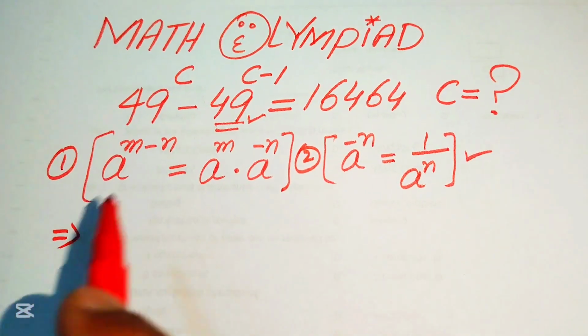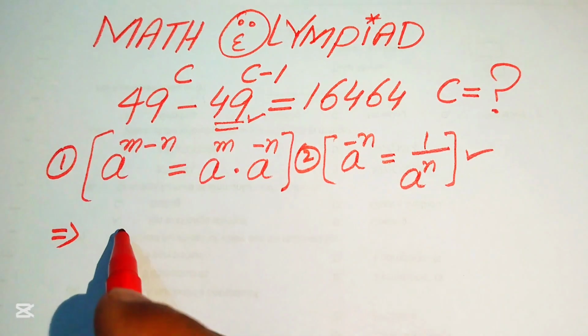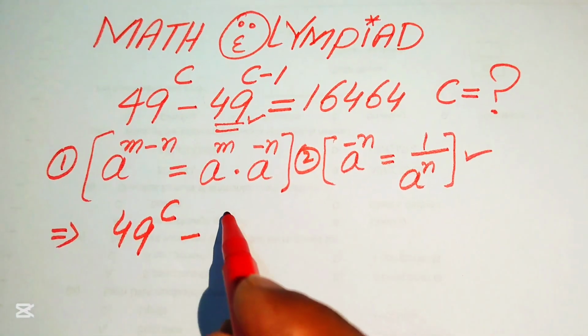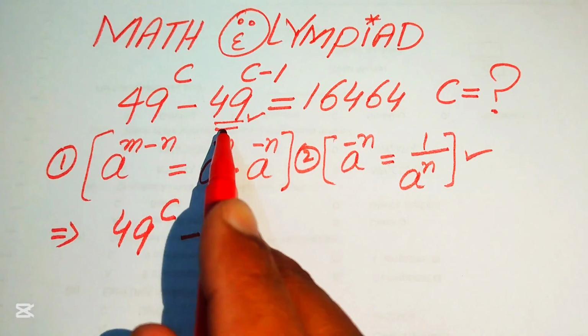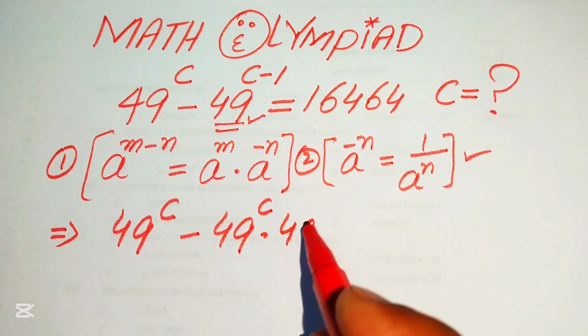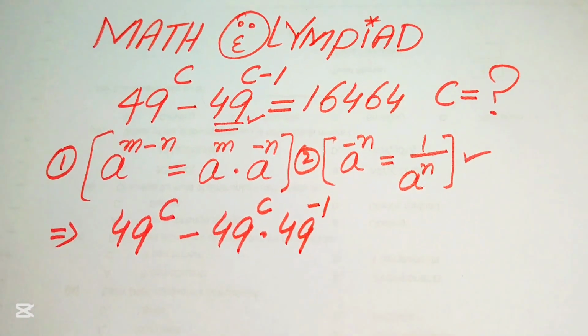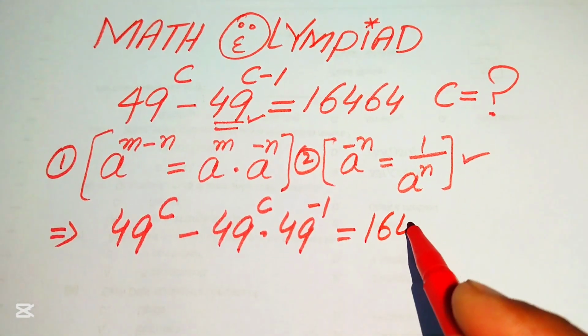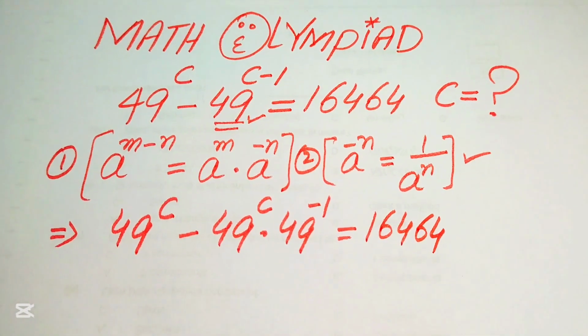So here first we break the exponent of this term, and it will be written as 49 to the power of c minus, according to this rule we write it as 49 to the power of c multiplied by 49 to the power of minus 1, and this equals 16,464.